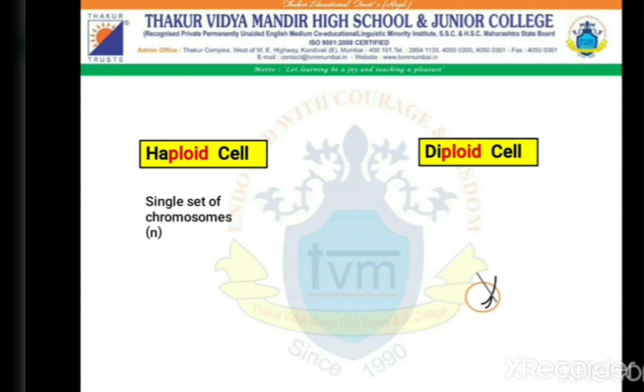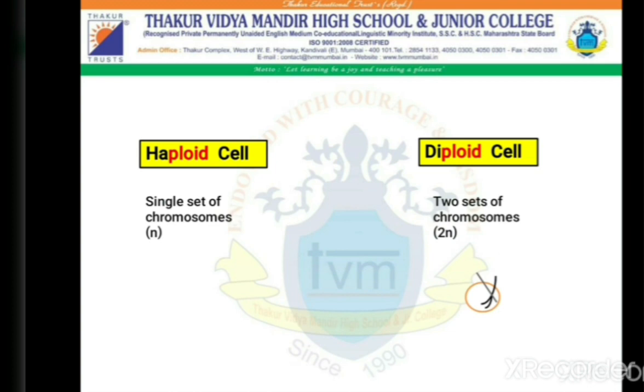Whereas diploid cell is a cell which contains two sets of chromosomes. A cell which contains two sets of chromosomes is called a diploid cell. And since it contains two sets of chromosomes, it is represented by 2n.